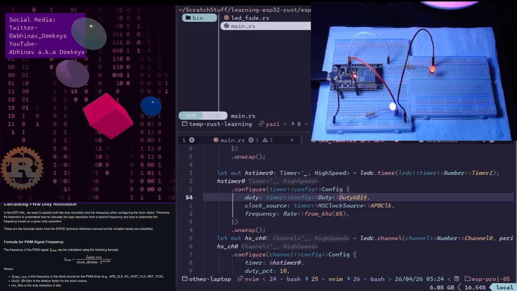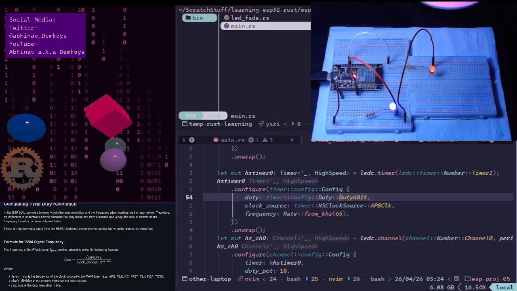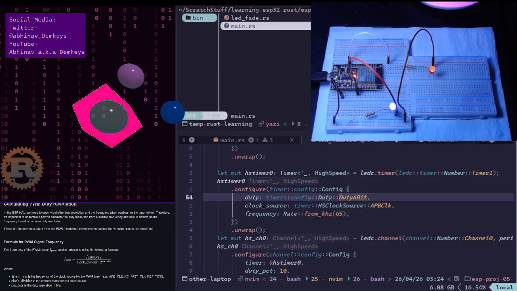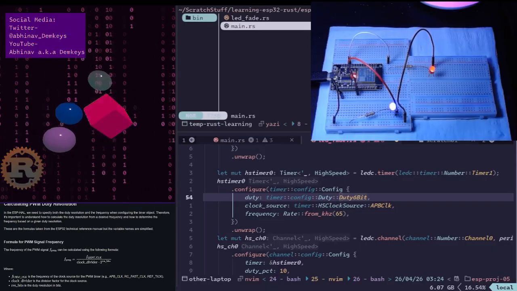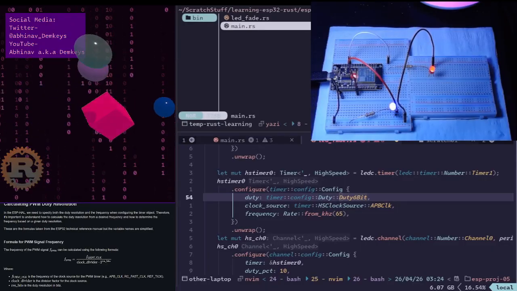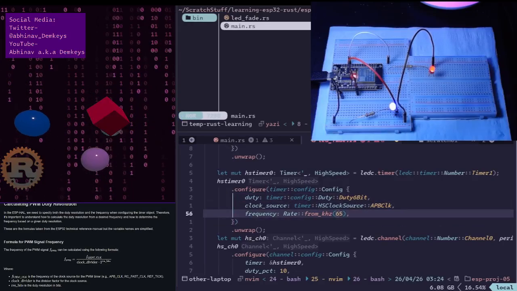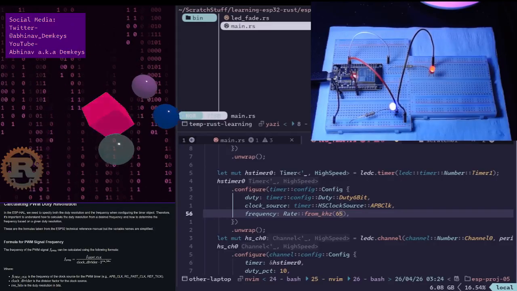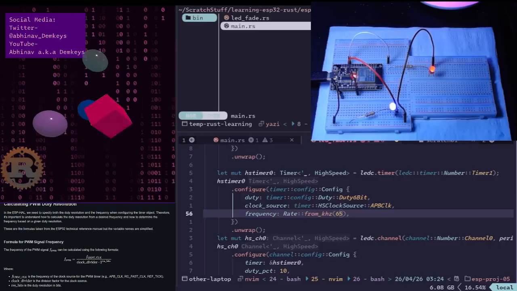In terms of asking why I'm doing stuff like this, why there are very specific duty resolutions, why we are only able to set... I understand why the frequency can only be between a certain range. Actually, I understand why the highest range is there. I haven't explored yet why the lowest range is there.